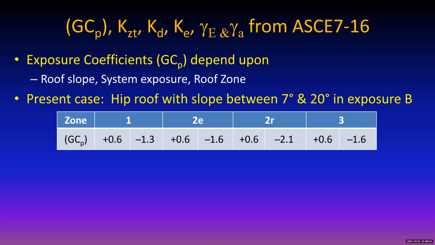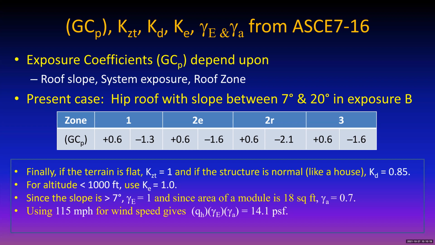Notice that in general, the lift is more than twice the downward force. And the big loser here is zone 2R, along the edge of the roof on the top. You have to multiply by minus 2.1, that long formula for the GCP, in other words, the exposure coefficient.